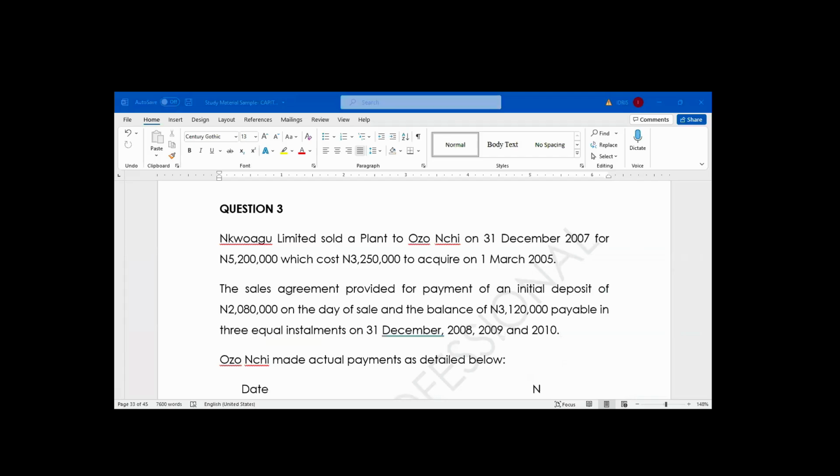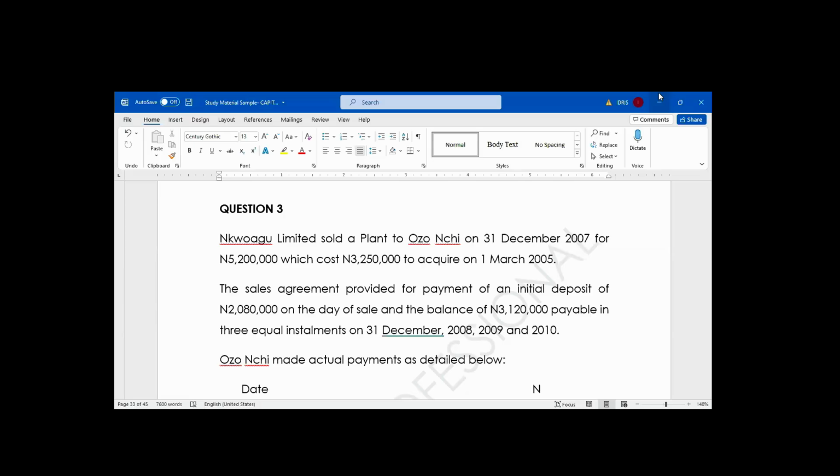Okay, I'll read. Quago Limited sold a plant to Ozonchi on 31st December 2007 for 5.2 million, which cost 3,250,000 to acquire on 1st March 2005.